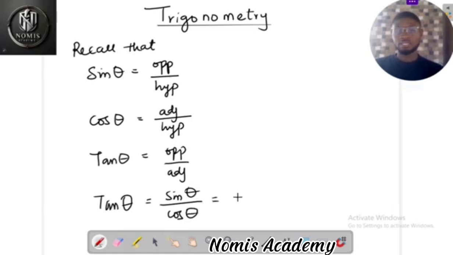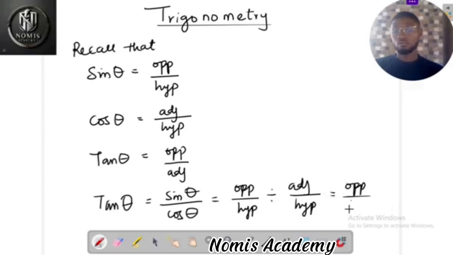Remember that sin theta is opposite all over hypotenuse. Divide by cos theta, which is adjacent all over hypotenuse. So when you solve this, it becomes opposite all over hypotenuse multiplied by hypotenuse all over adjacent.